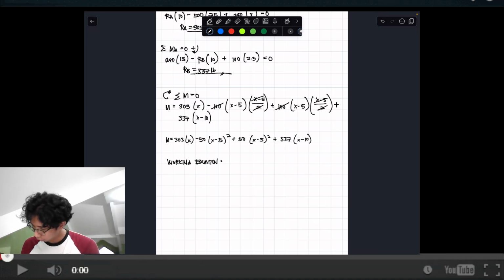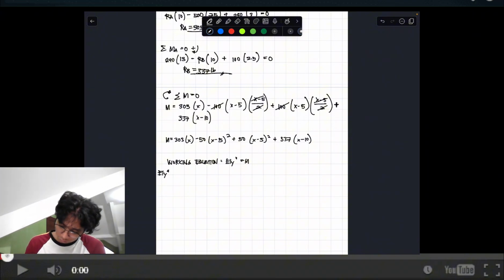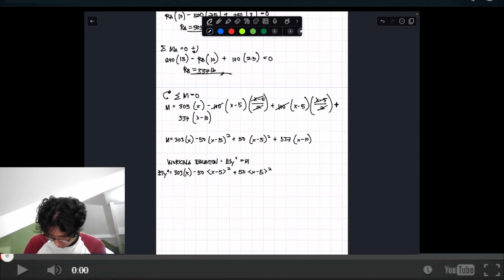Which is EIY'' is equals to M: 303x minus 50 (x minus 5) squared plus 50 (x minus 5) squared plus 337 multiplied by (x minus 10). Ito pala, hindi parenthesis, tatarin ito siya, X minus 10.